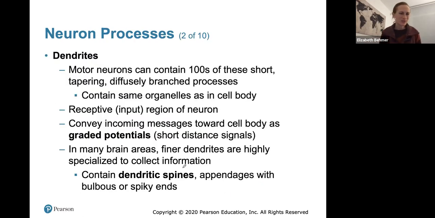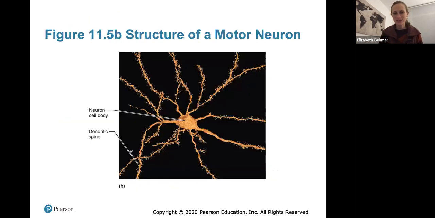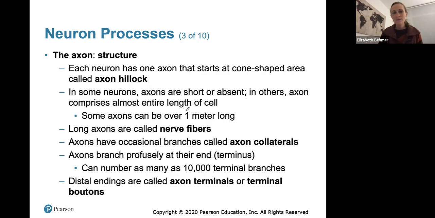So I'll let you read through some of this on your own. Dendrites are the input region of a neuron, and you can see dendritic spines. They will receive input and send it on to the neuron cell body, which will integrate it and figure out what's happening. The axon structure starts at the axon hillock where it connects to the cell body.